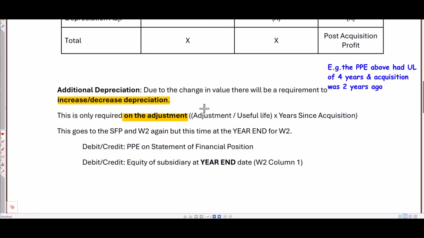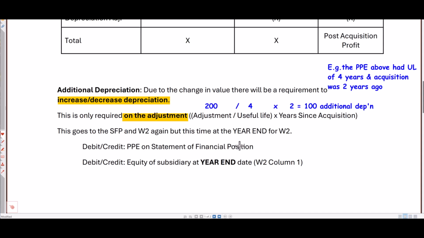So the adjustment was 200, the useful life is 4, and the years since acquisition was 2. Okay, so 200 divided by 4 is 50. It's been 2 years since acquisition, so that means we need additional depreciation of 100. Okay, so that's how you do the adjustment for additional depreciation.